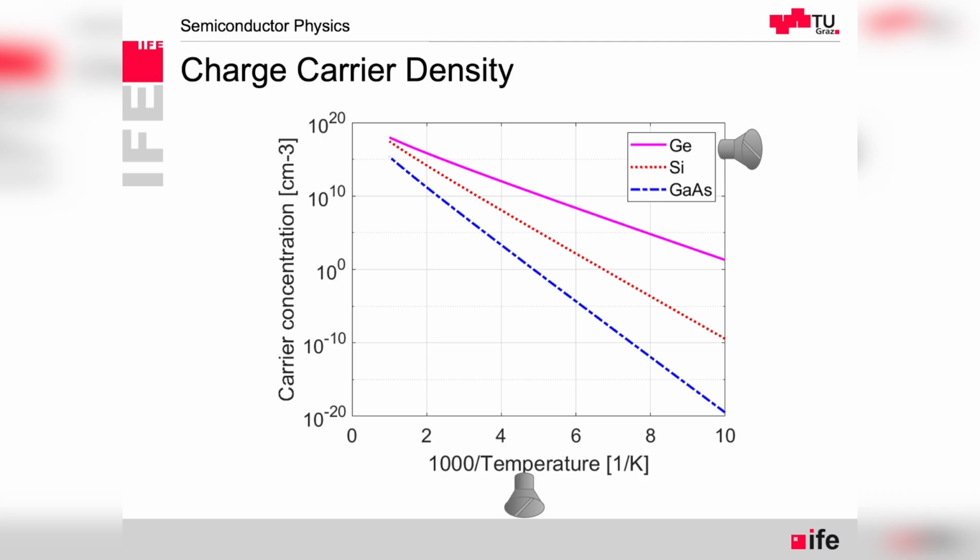We had this example for 3 materials: germanium, silicon, and gallium arsenide. Because the band gap is different in those 3 materials, the thermal generation of charge carriers is not identical, and that's what makes the difference in the charge carrier concentration.